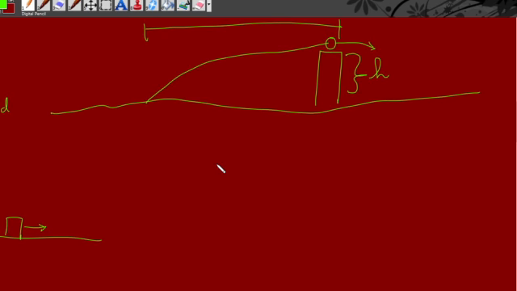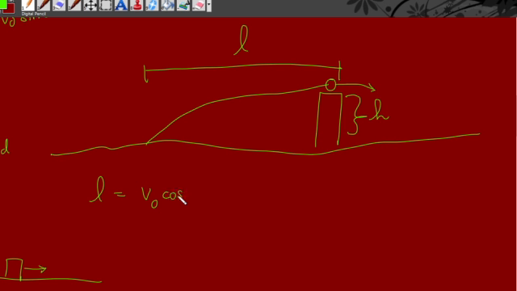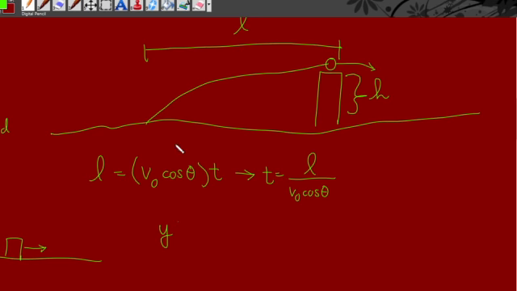First let's say L is equal to V naught cosine theta times T. Then T is equal to L over V naught cosine theta. And now we can plug in this value for T, actually let's not use L, or no, let's not use Y. Okay, H is equal to, sorry about that, I lost my train of thought.